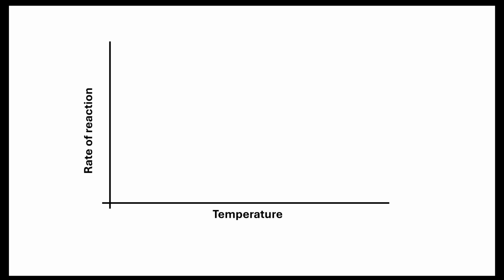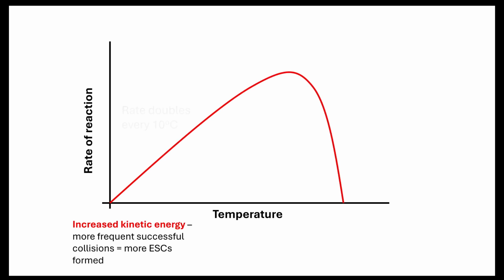We know that our enzymes have got kinetic energy. We know they're going to collide, and so that kinetic energy is important. As we increase temperature, we will see this very specific set of results which give us this curve in our graph, as we increase the rate of the reaction.